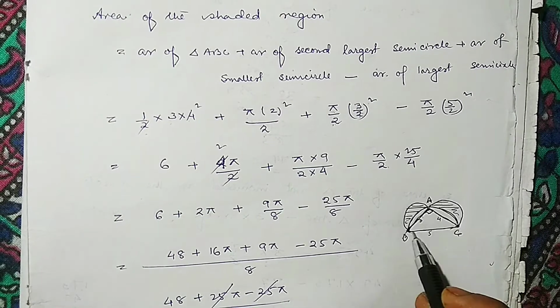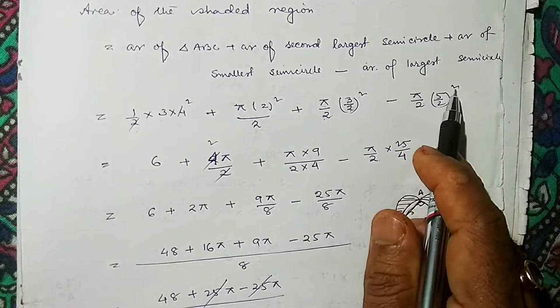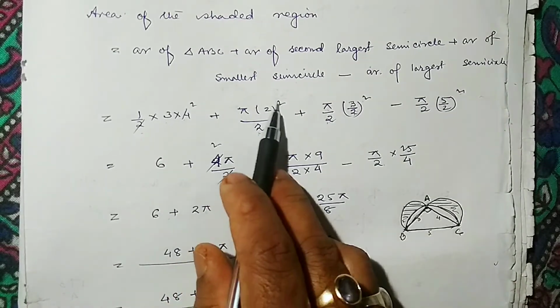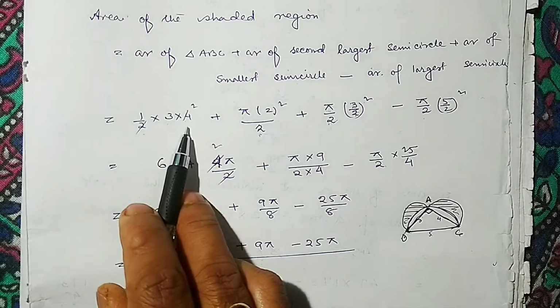Here diameter is 5, so radius will be 5 by 2, so it will be pi by 2 into (5 by 2) whole square. Since we are considering semicircles, we have divided the area of the circle by 2. In all the cases, we have written pi by 2. Now 2 and 4 can be cancelled.